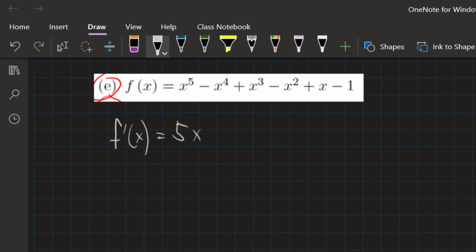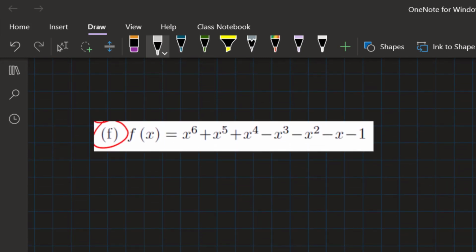Magbabawas lang tayo na exponent na magiging 4 minus 4 x raised to 3 plus 3 x raised to 2 minus 2 x raised to 1 and then plus 1. Then, ano na to? 0 na yan. So, yan na yung sagot natin dyan.